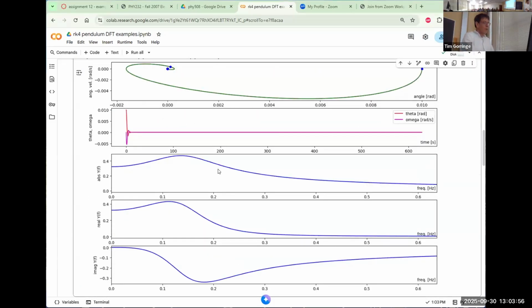With 0.5, we have a couple of oscillations. We've got a very broad frequency distribution that you can now see is not peaked at the natural frequency, but it's peaked at some value below the natural frequency.